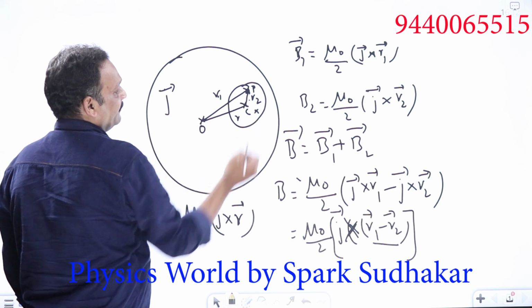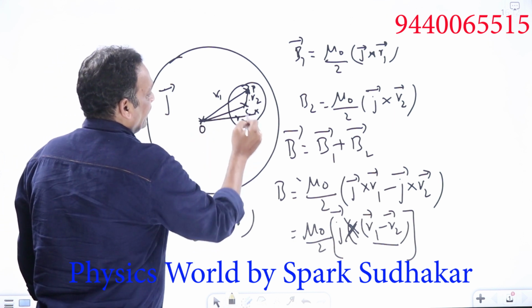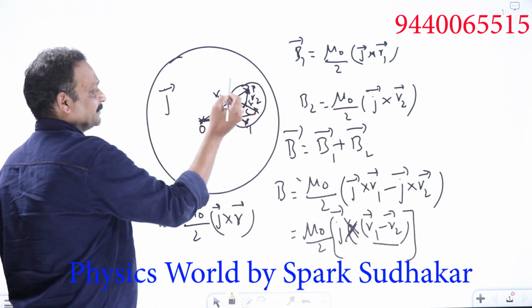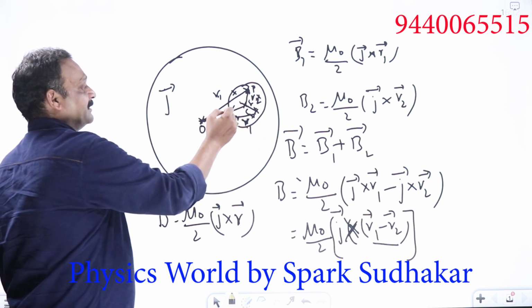You can choose point P anywhere; here also R1 minus R2 will give you R only. So at every point inside this hole, R1 bar minus R2 bar is R bar.